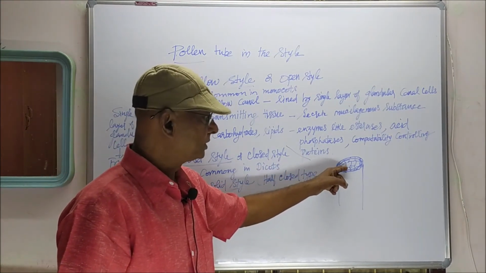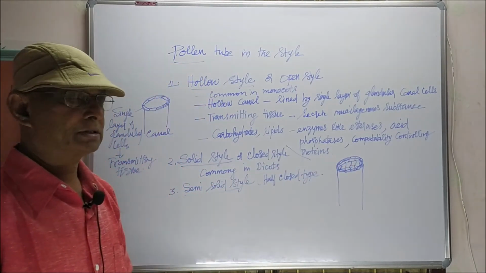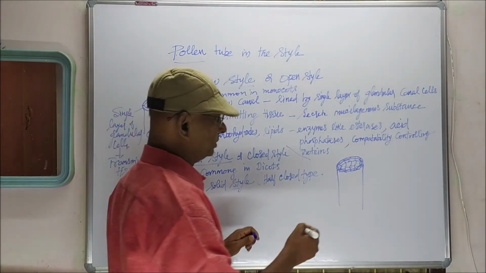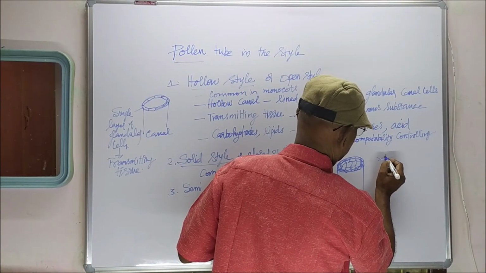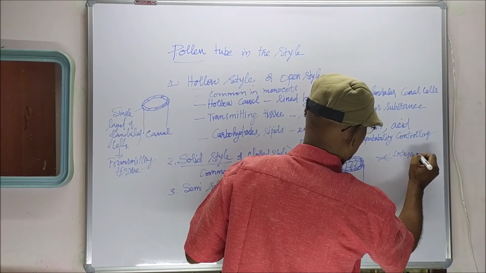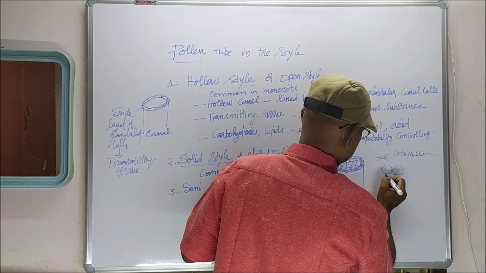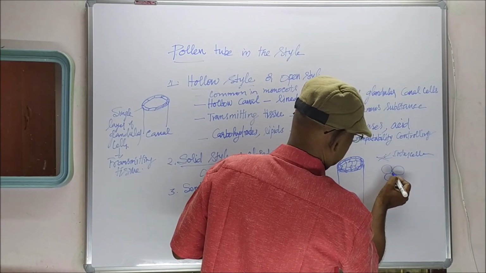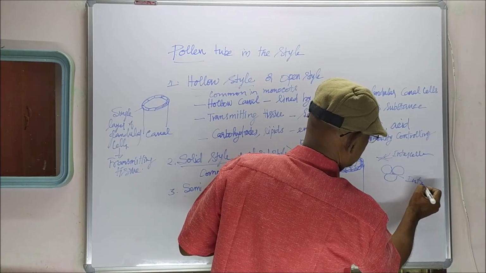In the cells of the transmitting tissue, space will be there. That is the intercellular space, in between the cells. If you draw like this, in between the three cells, the intercellular space.